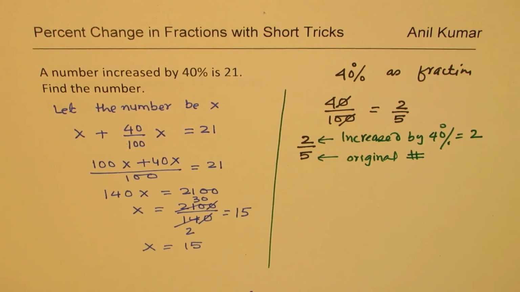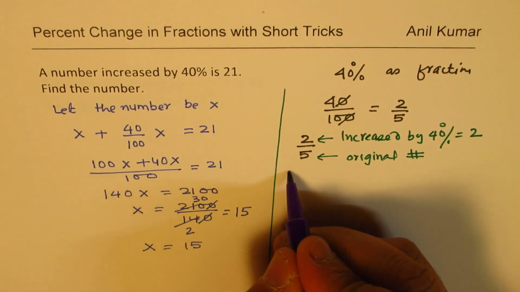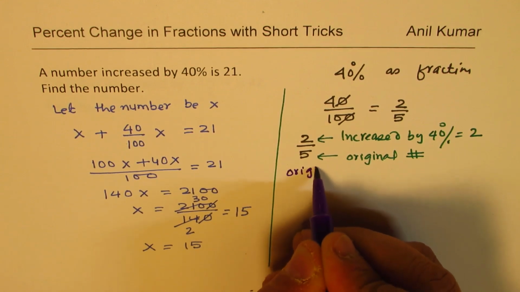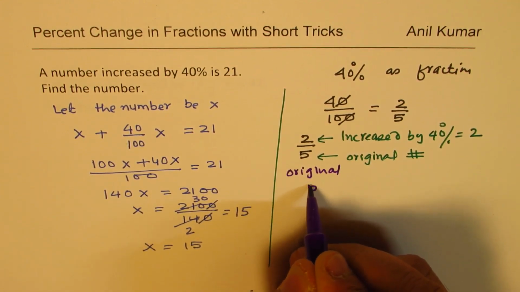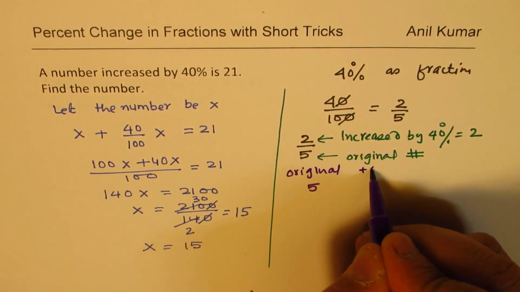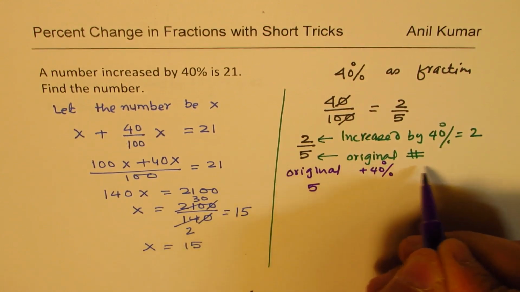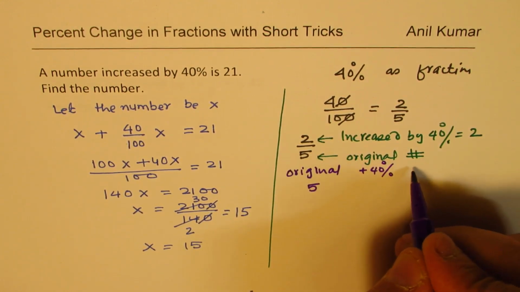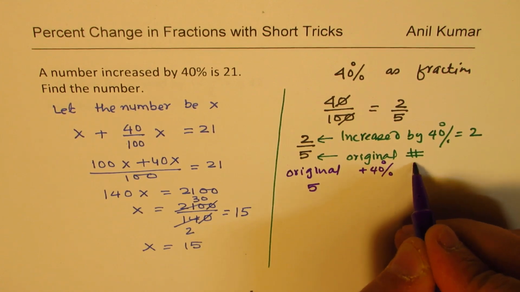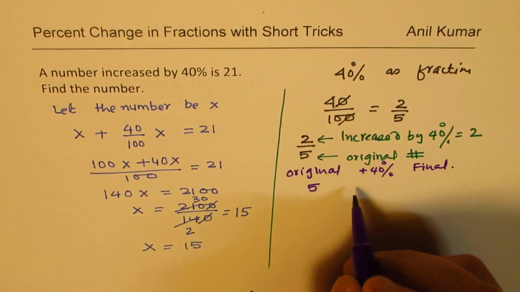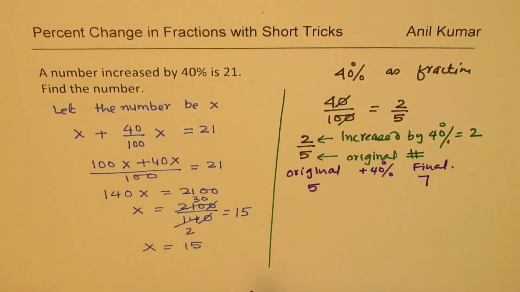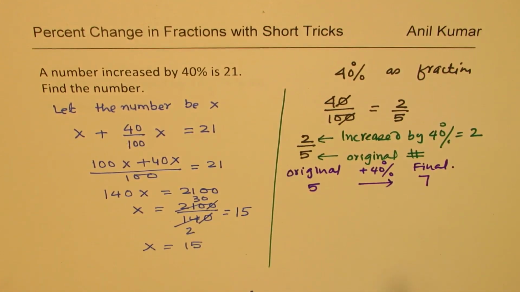So after increase, the number becomes 7, right? So increase by 2. That means if we have the original number as 5, plus 40% will actually give you the final number as 5 plus 2, 7. You get the idea, right? So a 40% increase on 5 will result in 7.